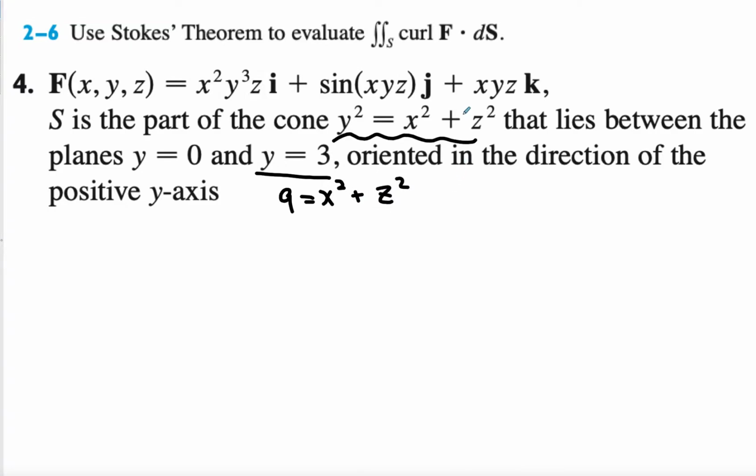So I can convert this into r, where x is 3 sine t, y is equal to 3, and z is equal to 3 cosine t, where t goes from 0 to 2 pi.